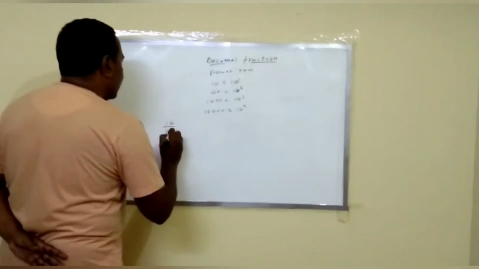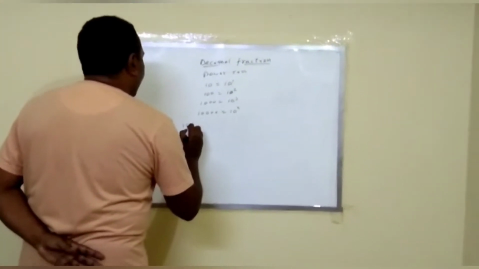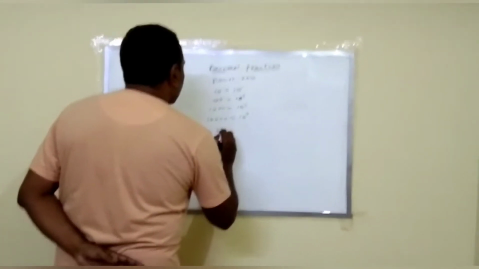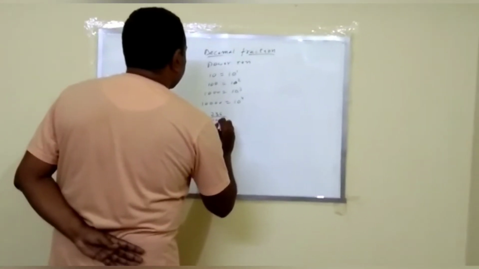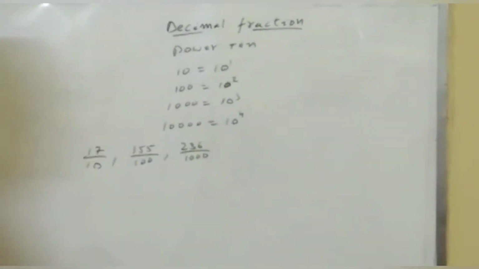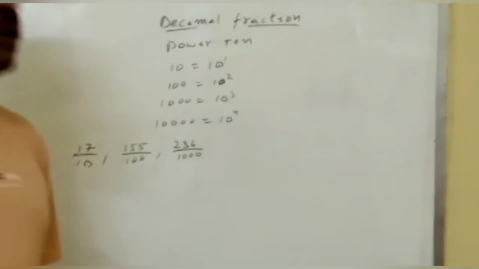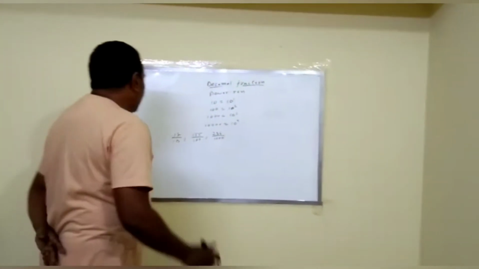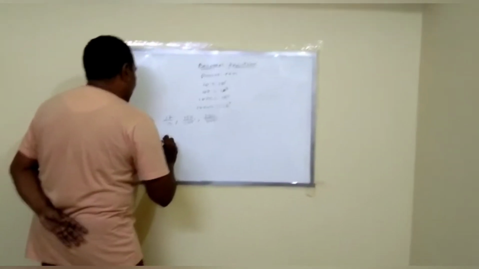17 by 10, 155 by 100, 236 by 1000. These are called decimal fractions. Now, how do we convert decimal fractions into decimal numbers? It's very simple. Take 17 by 10.